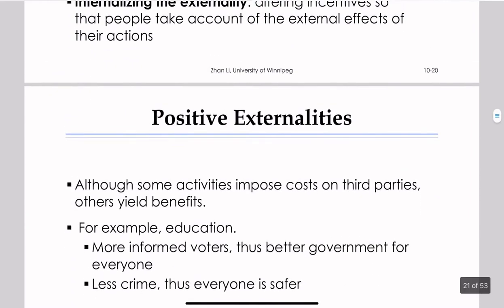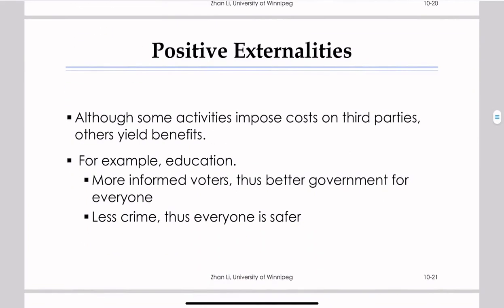Obviously, if there are negative externalities in this world, you should expect there are positive externalities in this world, right? So if some action has positive external effects on bystanders, then there is positive externality. A very typical example is education, right?